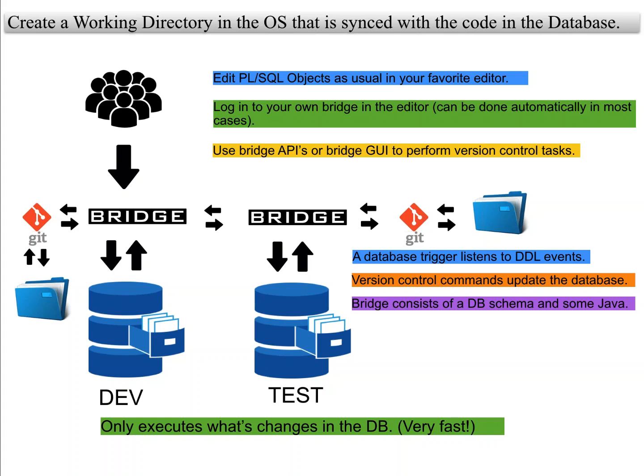So from test, all we do is to issue a pull, which is a Git command, and we do this through the bridge APIs, and all we receive is this incremental script that will take my test environment from where it is to the exact point where dev is. So we don't have to carry all the packages, thousands of packages, or we don't even forget any packages because it just all happens automatically. And we do this even via API.